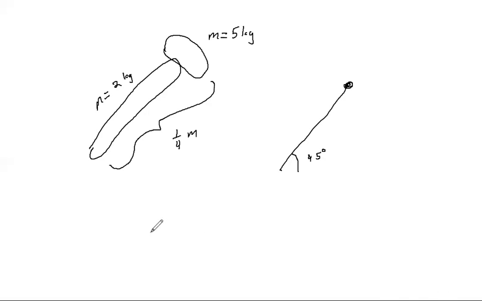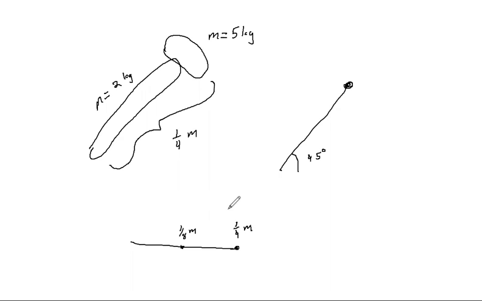Well, if I have a rod, its center of mass is here at the center. So if the whole thing is 1/4, that would be at 1/8 of a meter. And then the center of mass of this point mass on the end is going to be at a position of 1/4 of a meter.